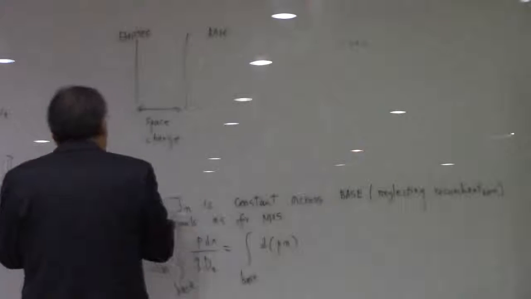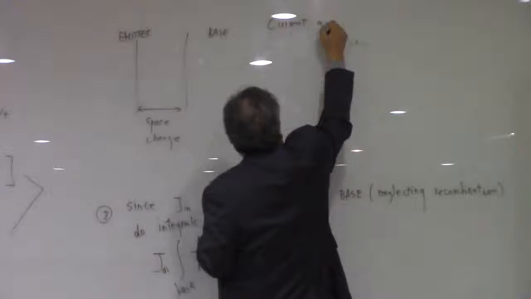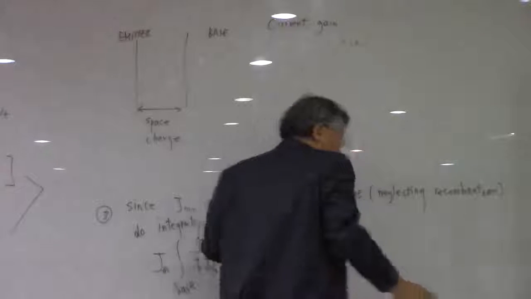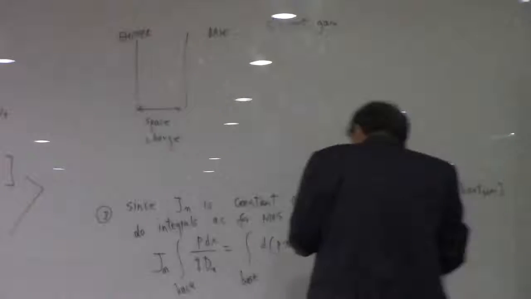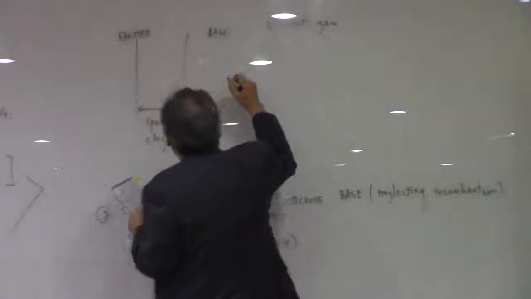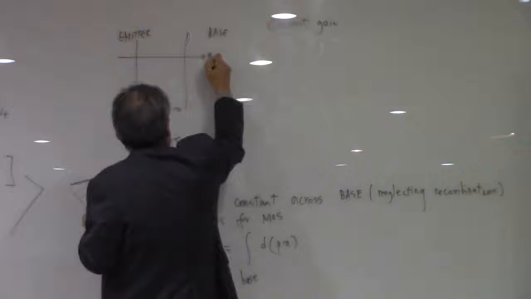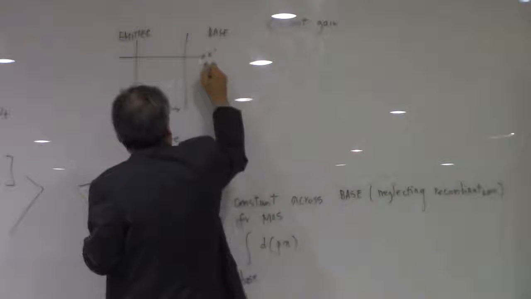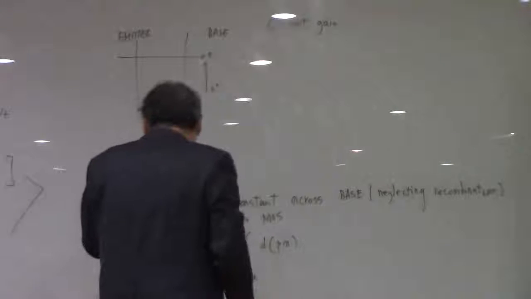And firstly, for the current gain, we have 3 terms involved. Firstly, the injected electron is going to recombine with the holes in the neutral base.